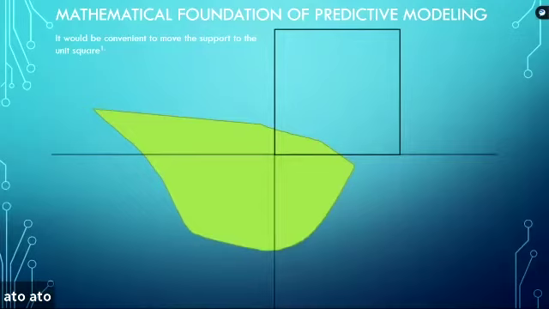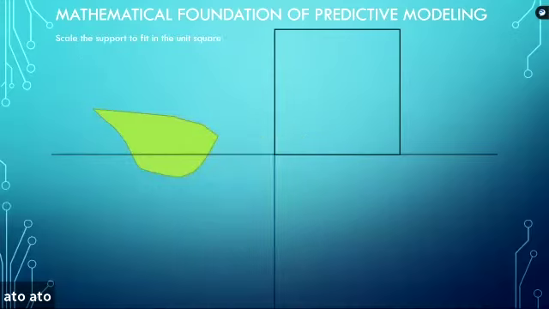And how are we going to do this? Well, the usual way you do this. You're probably very familiar with, say, standardizing your predictor variables, right? Where you subtract off the mean, you divide by your standard deviation. That's just what we call an affine transformation, just a shift and a shrink or an expansion. So we'll do the same thing here. We will shrink the support, and then we'll move the support.